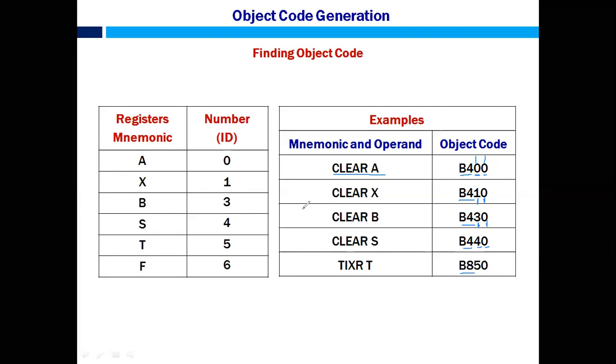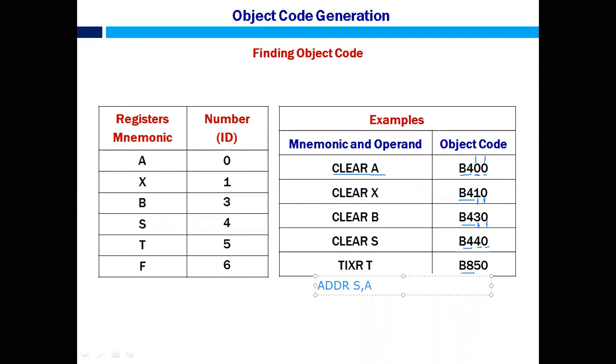Sometimes you might get something like this also. It's not that I have taken mnemonics with only one register. Sometimes you might get two registers also. Let's say ADDR, a register operation, with, let's say, S comma A or something.